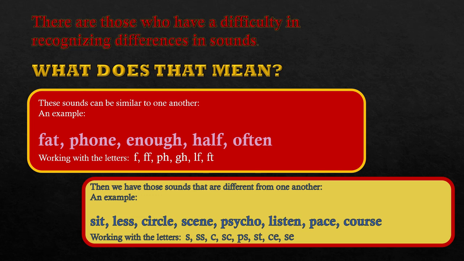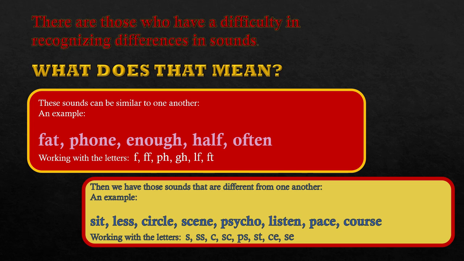What does that mean? These sounds can be similar to one another. An example are the words fat, phone, enough, half, often. Working with the letters F, FF, PH, GH, LF, FT.